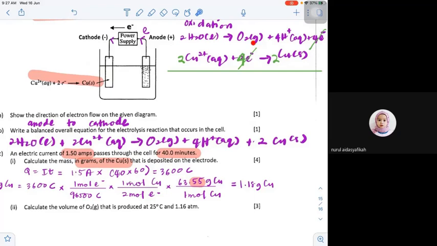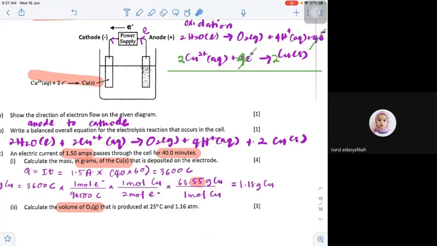Now the question wants us to calculate the volume of the oxygen. If you want to know the volume occupied by the bubbles of oxygen, you can see the bubbles here, right? The volume occupied by the oxygen, we have to know the amount of oxygen, or the number of moles of oxygen formed first.